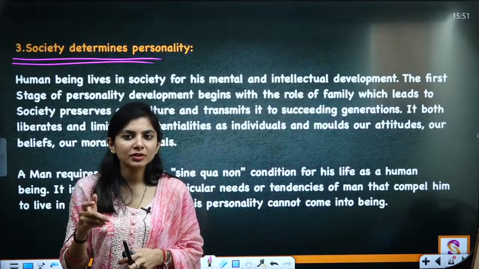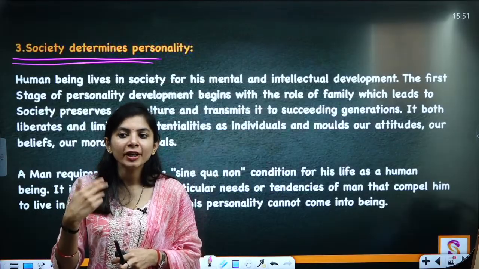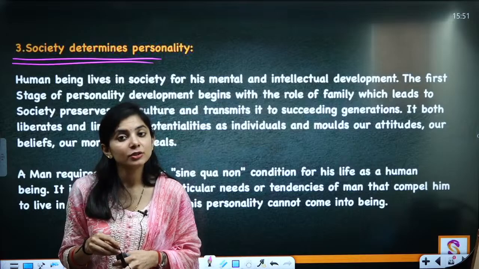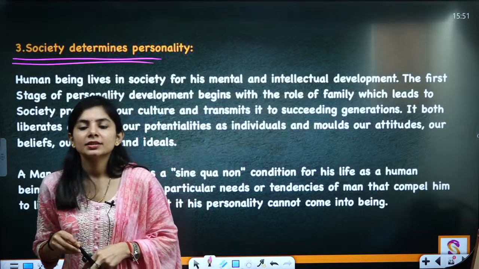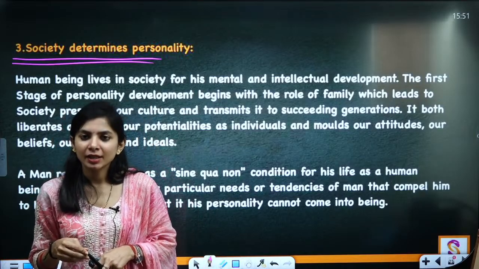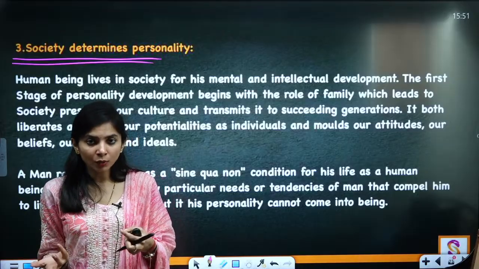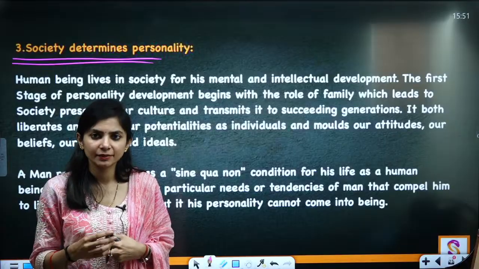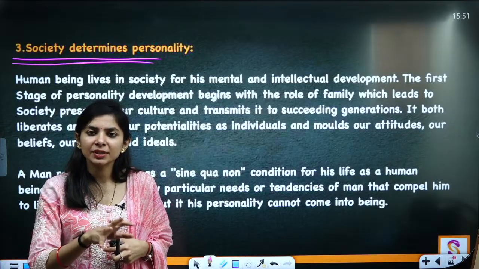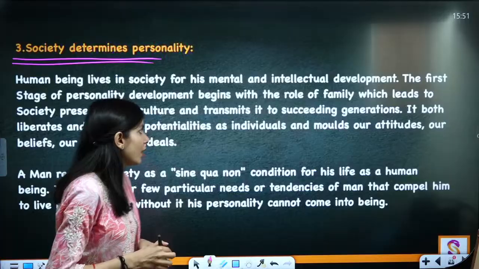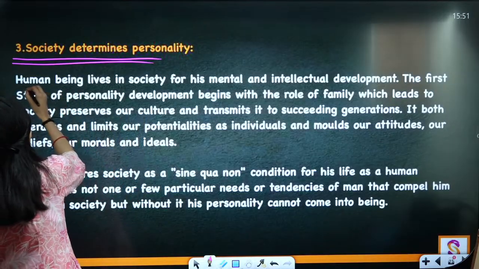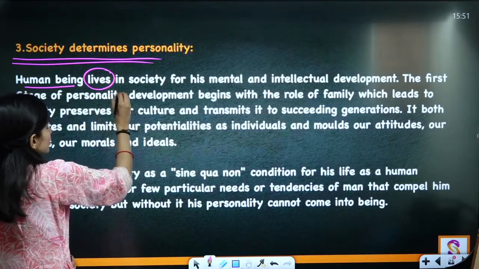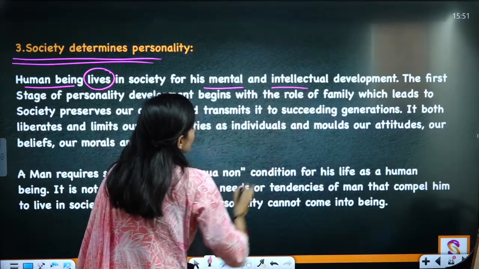So this thought process provides them more and more chances to become independent soon, as well as someone who will take their life decisions alone and make informed decisions. So this is something that they specify. Now, based upon this fact, they said that human beings live in a society for their mental and intellectual development.